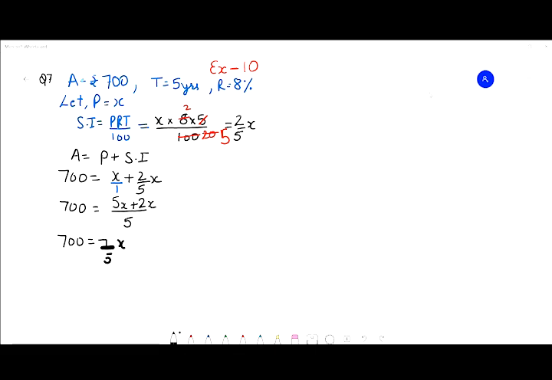Now we will take this to the other side. That means 700, and now the reciprocal we have to write, that is 5 by 7, and this side will keep the x. Now cut this with the 7.